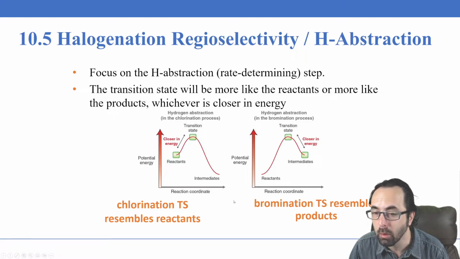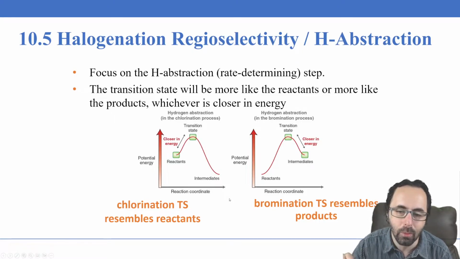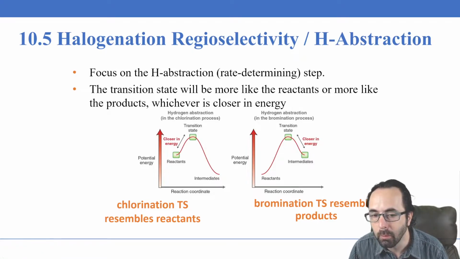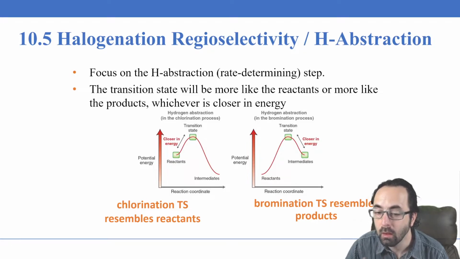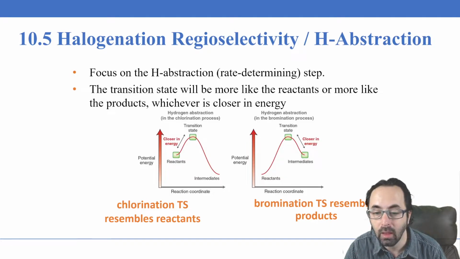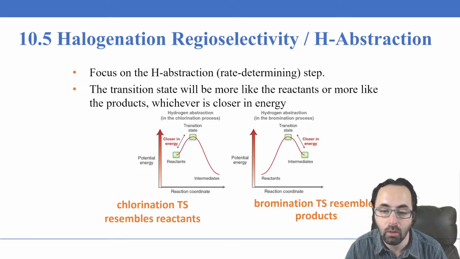You may remember from early in the class, we talked about the Hammond postulate, which says that a transition state will have a structure that is more like the reactant, intermediate, or product that it is closer in energy to.